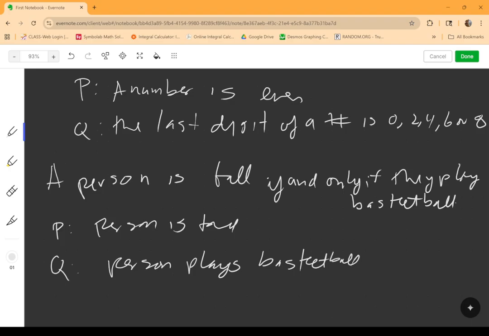If a person is tall, then they play basketball? That is not always the case. There are tall people that play other sports and not basketball. And if a person plays basketball, then they are tall? We know that is also not the case. There are a number of not tall basketball players. So this is an example of a false biconditional.